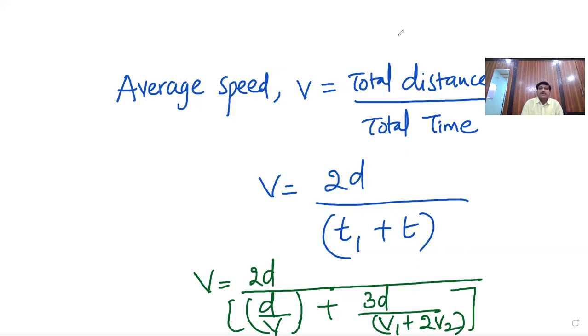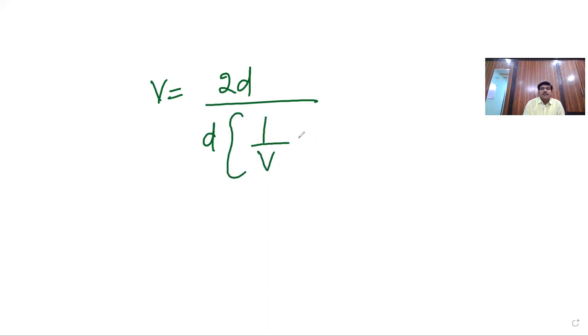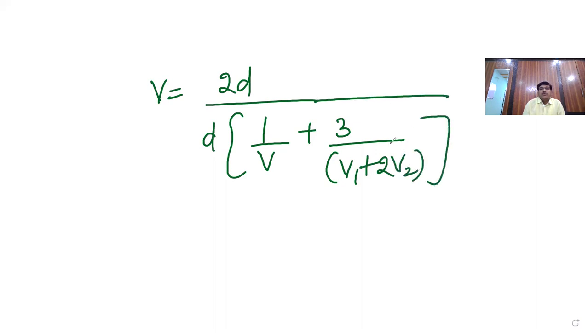If you take d out, then v is equal to 2d divided by d times 1 by v plus 3 by v1 plus 2v2. The d goes out.